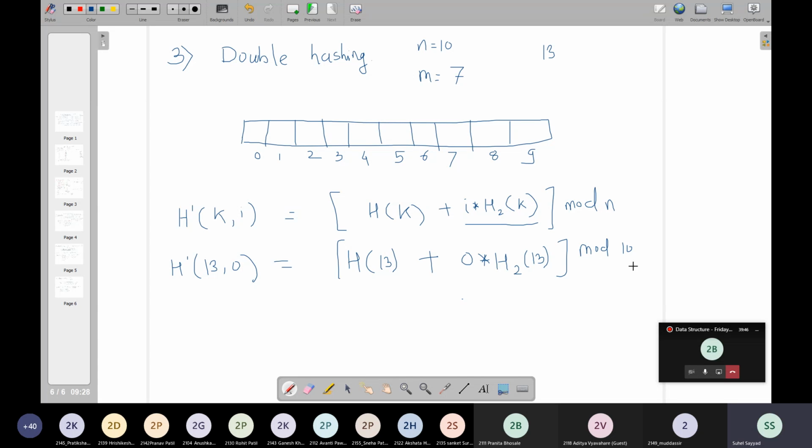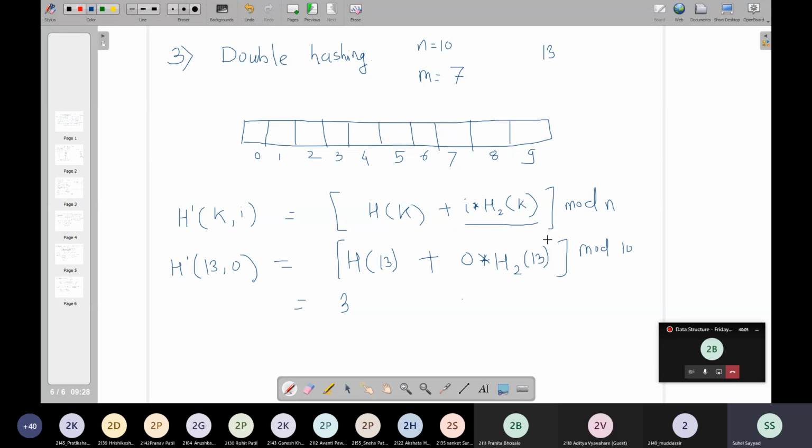What will be the answer for this, my dear students? 3. Because h of 13 is 3, this term will not give any contribution. Correct? Is it understood, students?